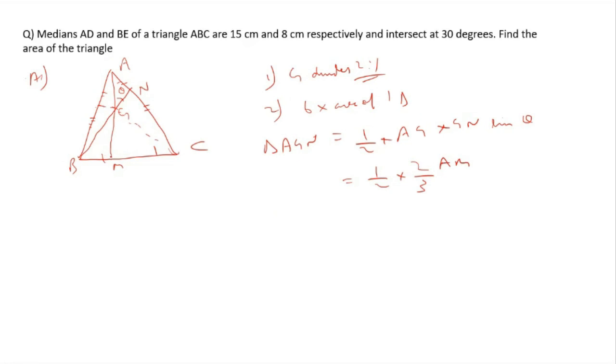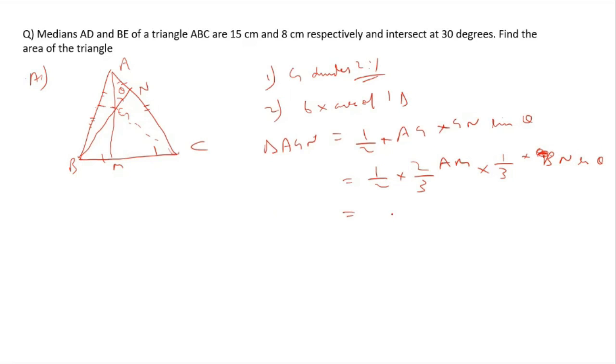AM is the median, which is given. GN is this much. This is 1/3 of the median. Why 1/3? Because 2:1, but 2 is the part facing the vertex. So 1/3 into BN, if BN is the total median, sine theta.